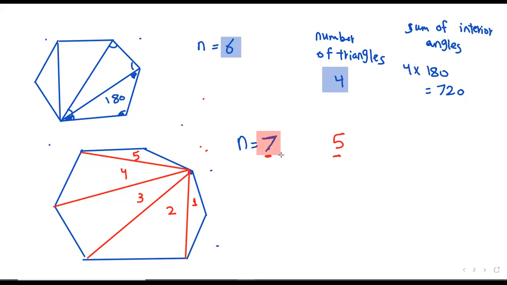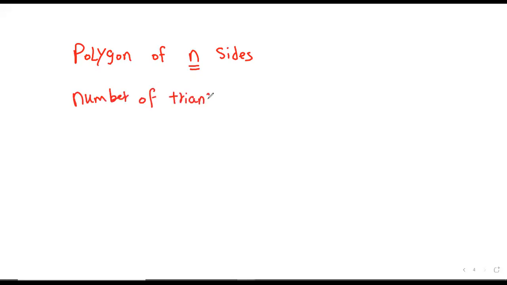So we reach a conclusion: if we have any polygon with n sides, I'm talking in general, the number of triangles we can get from this polygon will be n minus 2.